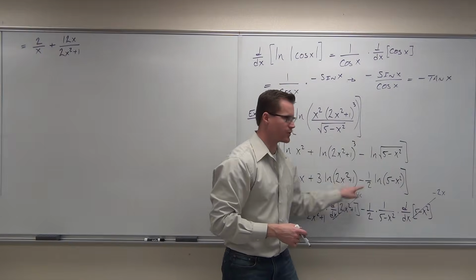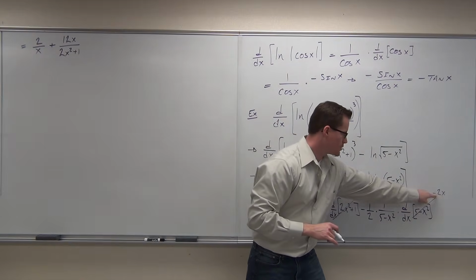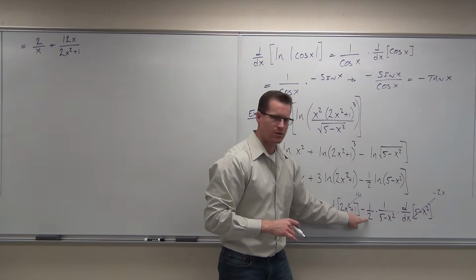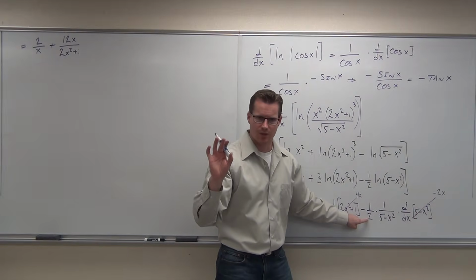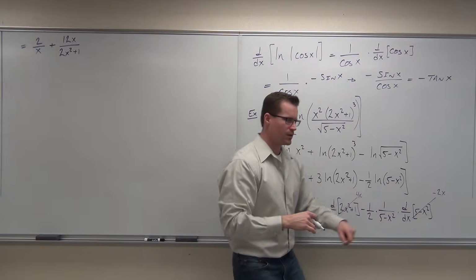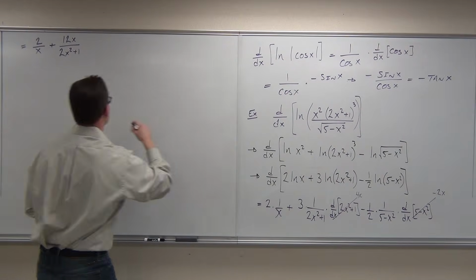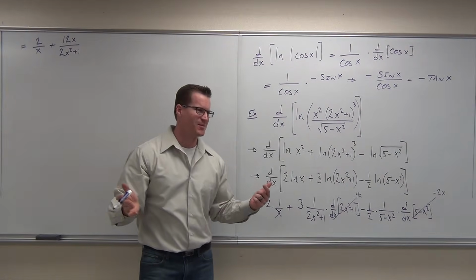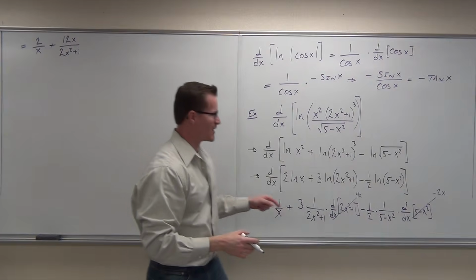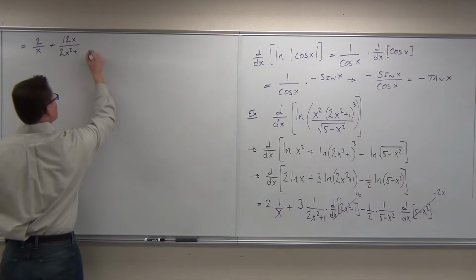What's the sign going to be for this fraction? Positive. Yeah, sure. Minus and negative gives us a plus. 2 over 2, those simplify out. So we're not going to have a 2 in here. We're going to have 1 over this. That's it. X over. Say what now? Oh yeah, x. X's aren't really that important, are they? I mean, yeah, okay, you're right, I forgot. So x over 5 minus x squared.